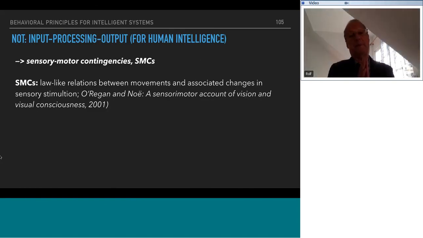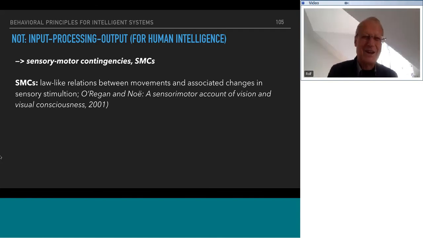And I would like to finish this theoretical part by just introducing these sensory motor contingencies. Now, I mentioned before that normally people think of intelligent behavior as input, processing, output. So you have the senses and the brain does some processing on it and produces some output.